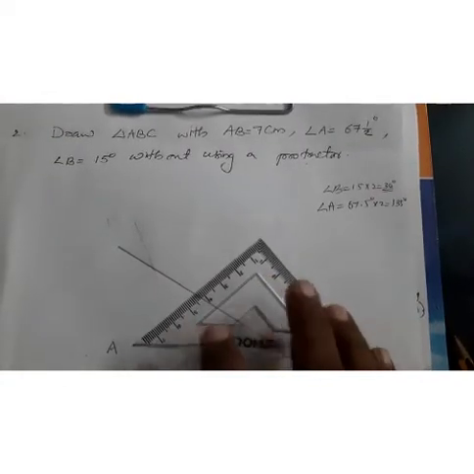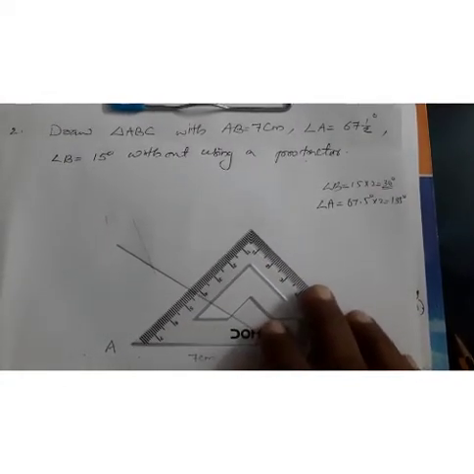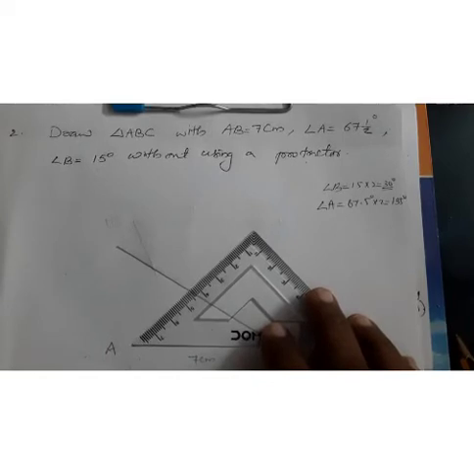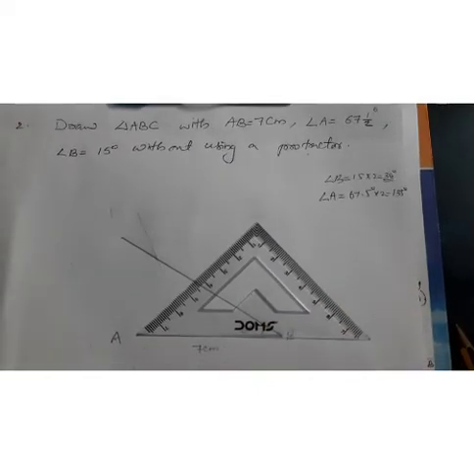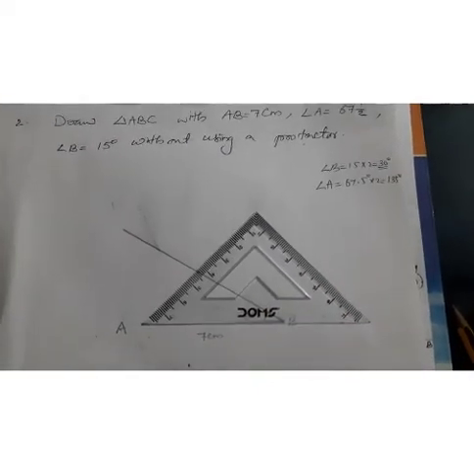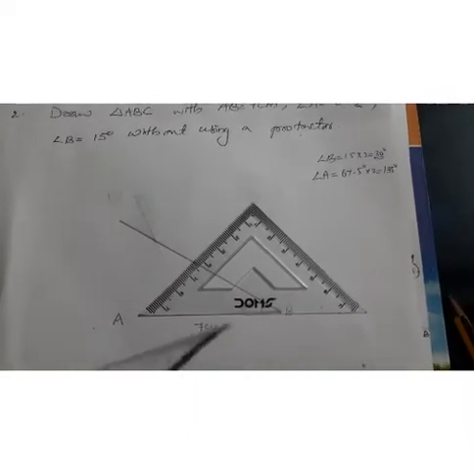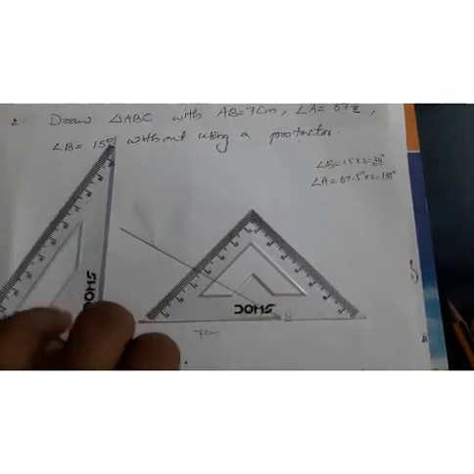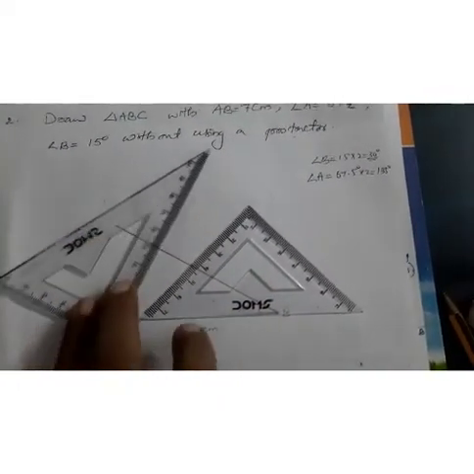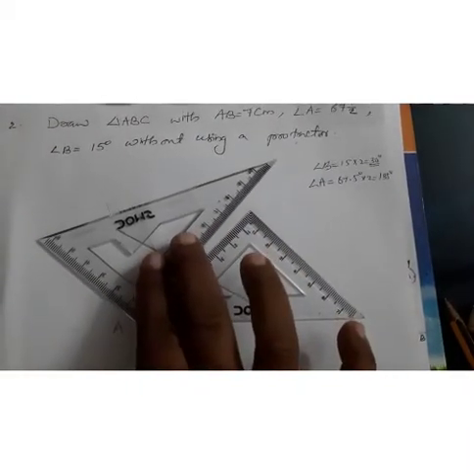Keep it on A. Keep the smaller set square and take the bigger one and keep it in reverse direction, not like this. Take the reverse of the bigger set square, it should be kept like this.